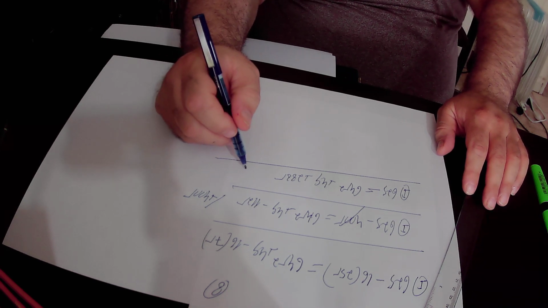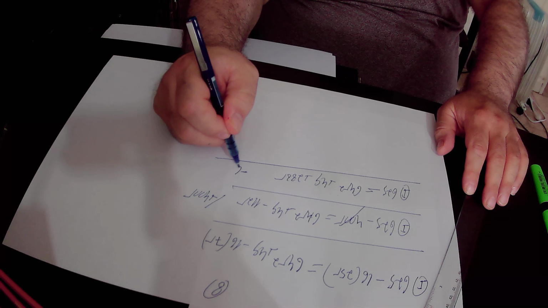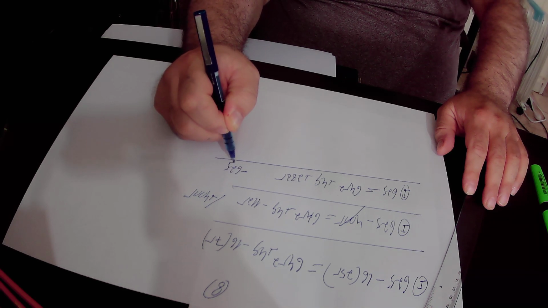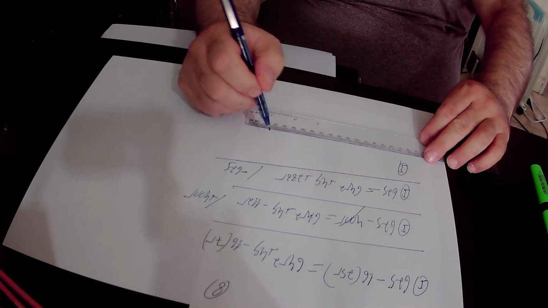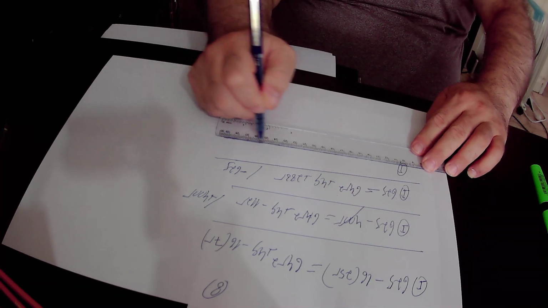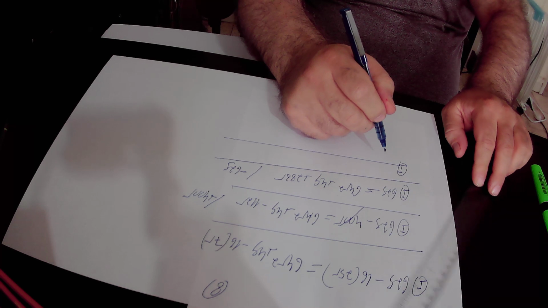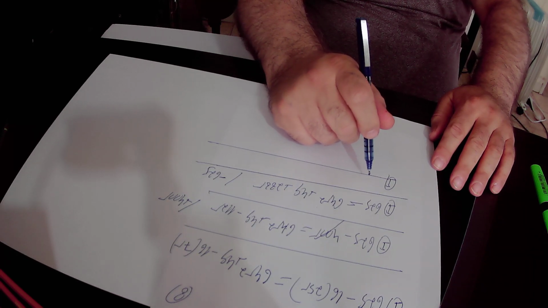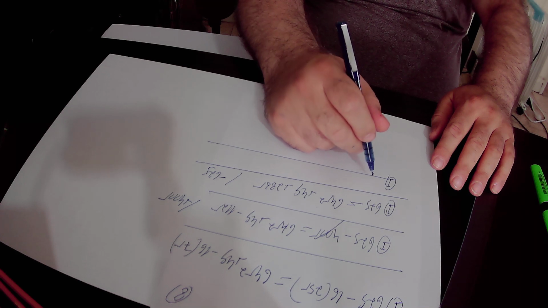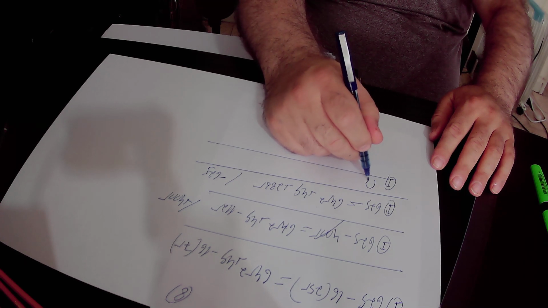Here we will subtract 625 from equation number 1, and we get that according to equation number 1, 625 minus 625 is 0. So on this side of the equation we have 0.